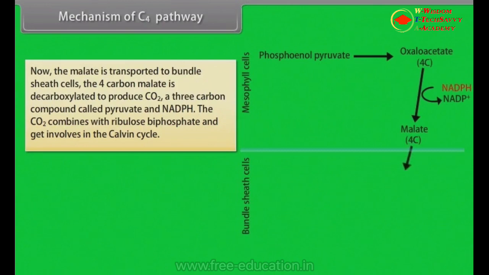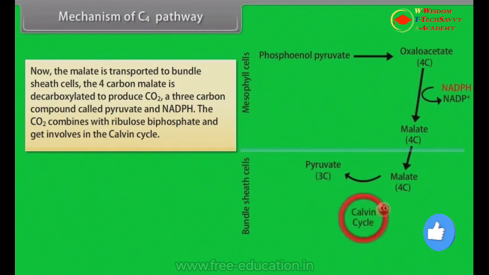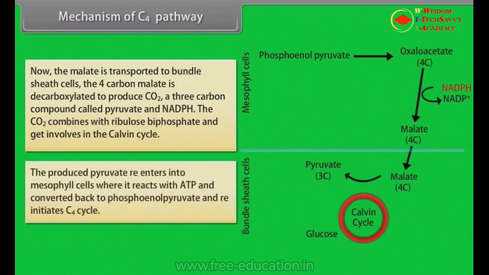The 4-carbon malate is decarboxylated to produce carbon dioxide, a 3-carbon compound called pyruvate, and NADPH. The carbon dioxide combines with ribulose bisphosphate and gets involved in the Calvin cycle. The produced pyruvate re-enters the mesophyll cells, where it reacts with ATP and is converted back to phosphoenol pyruvate and re-initiates the C4 cycle.